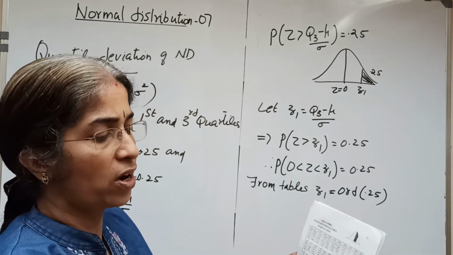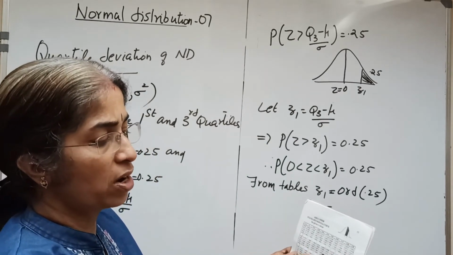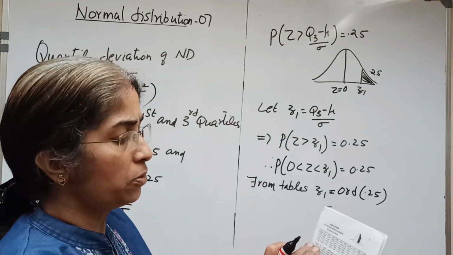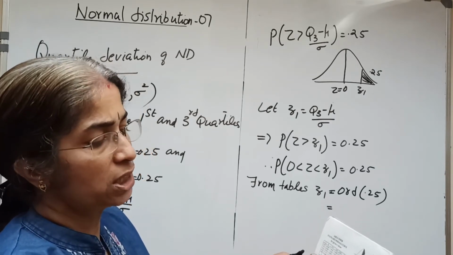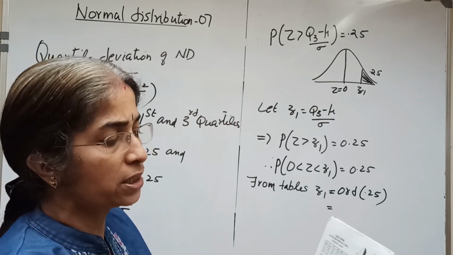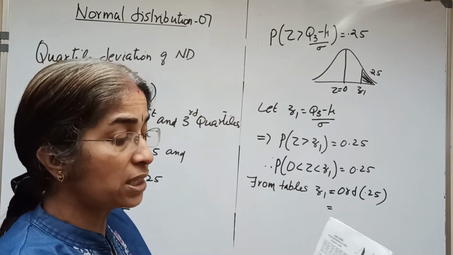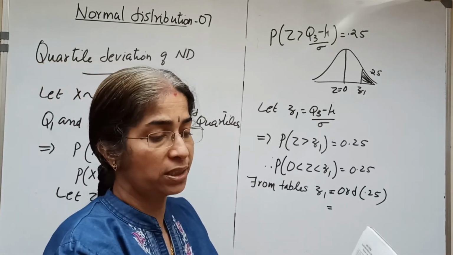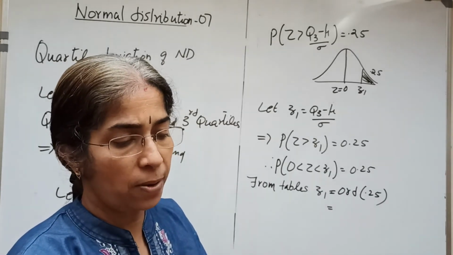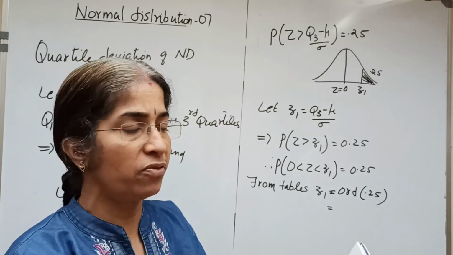Okay, 0.25 is here, 0.2518. The corresponding z value is 0.6 plus 0.08, that is 0.68, corresponding to 0.68 the probability is 0.2518.